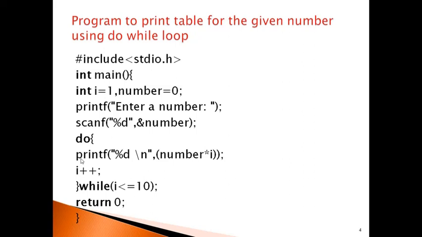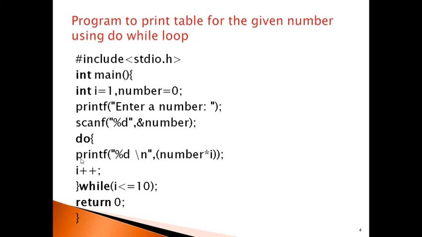The do while loop begins here. do printf("%d\n", number * i), i++, while i <= 10.